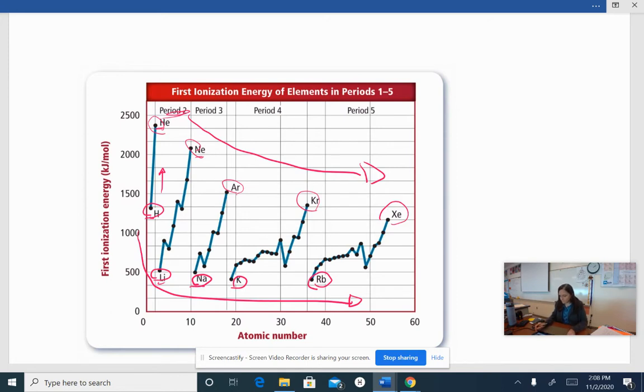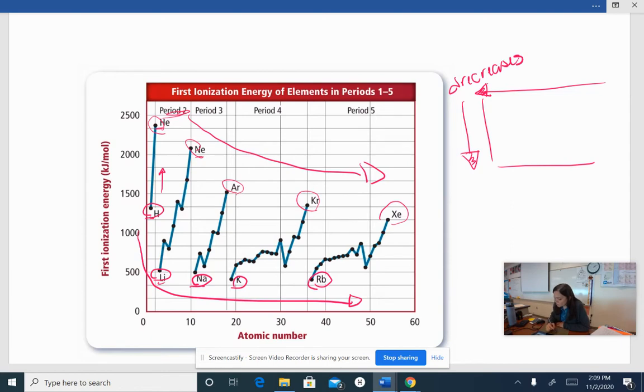Okay? So if we look at the periodic table, this decreases as we go down the periodic table, and it also decreases as we go from right to left.